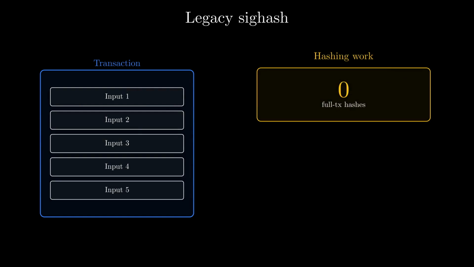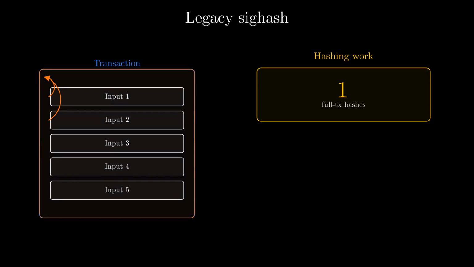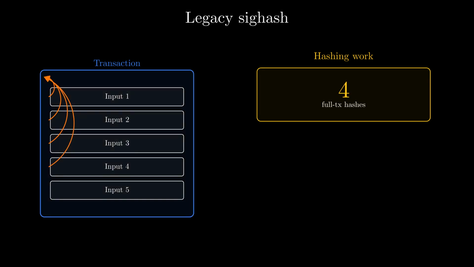In legacy Bitcoin before SegWit, signing each input required computing a Sighash, the commitment hash that locks the signature to a specific view of the transaction. The problem? That Sighash recomputed the entire transaction for every input. With n inputs, you serialize and hash the whole transaction n times.